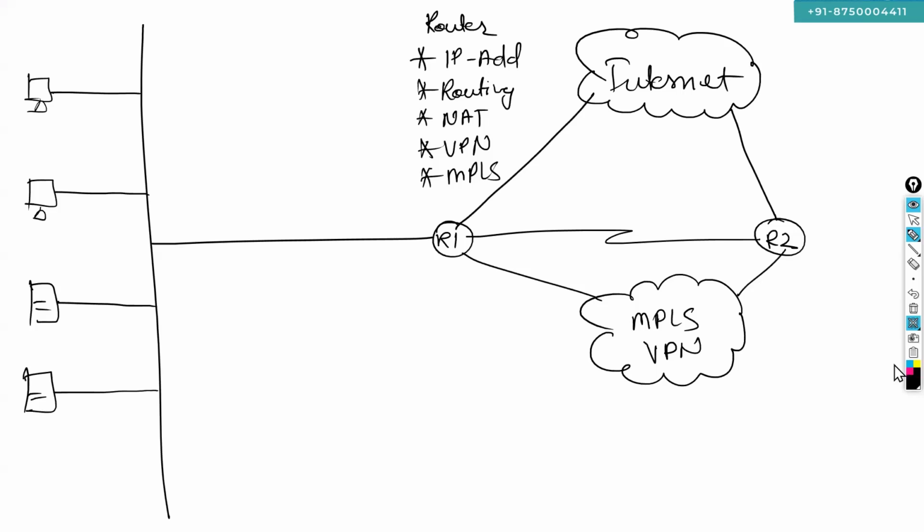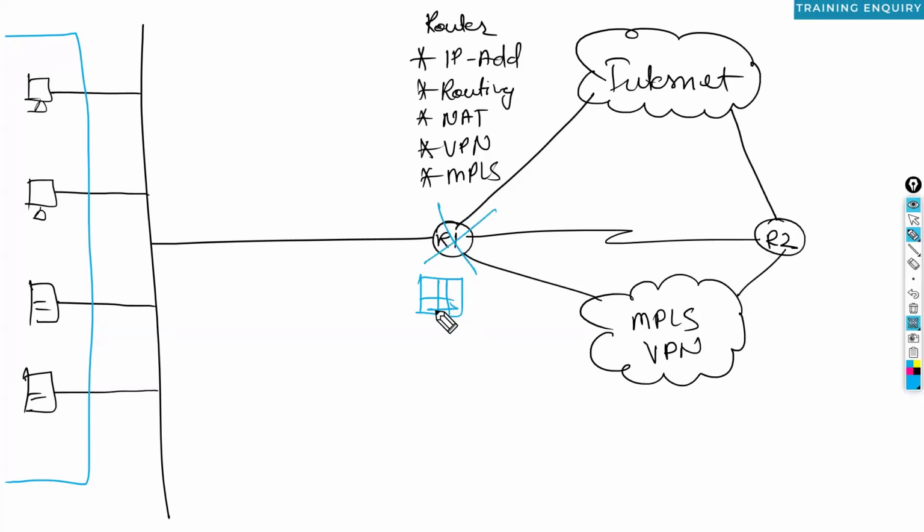Now I think we need to protect our network from attack or from unauthorized access. What do we have to do? A single word comes to our mind: we have to deploy a firewall. So we need to replace the router with a firewall.